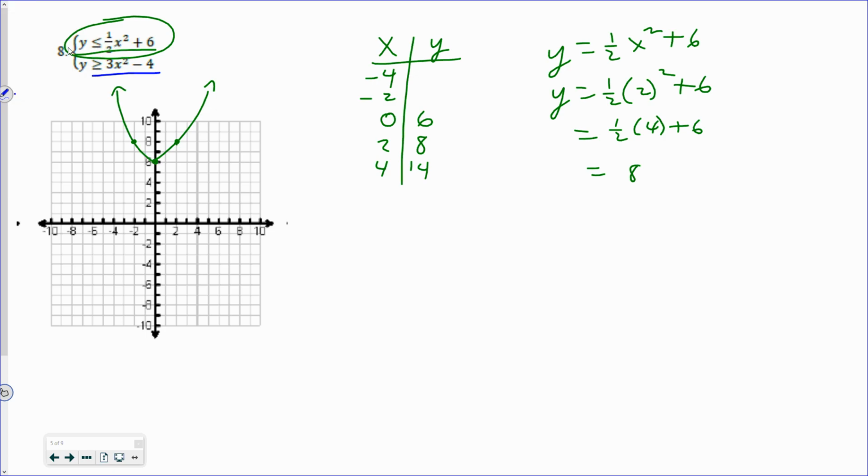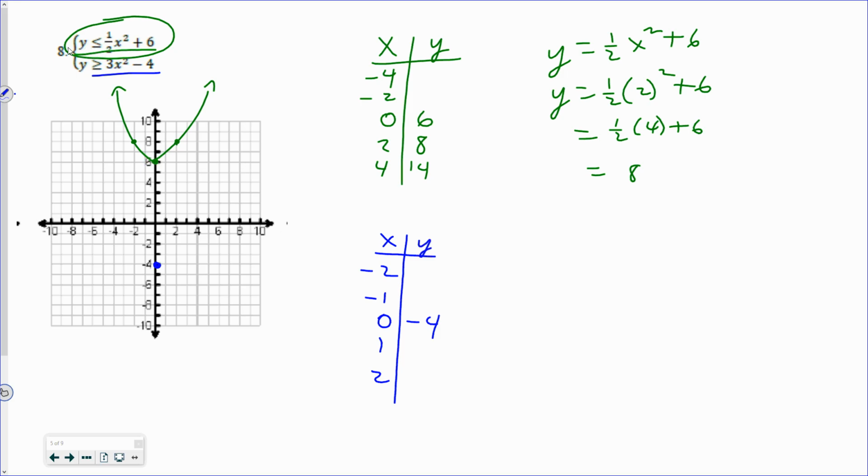For the blue one, same thing. I have a vertex of 0, -4. I'll make an XY table with the vertex right in the middle and see, well, what are my points going to be from there? I'll use 1 and 2 here, and -1 and -2, because any a value makes me want to jump by more than that.